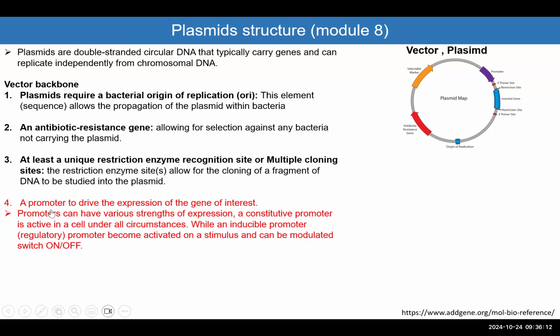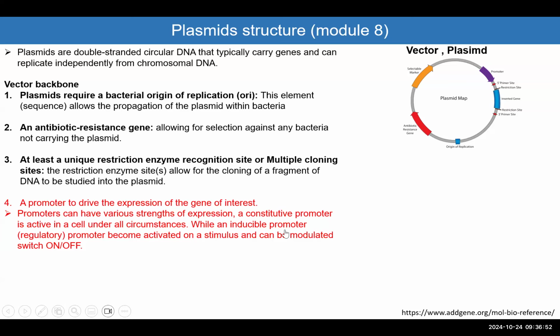Because the promoter, based on this old slide, is there to drive the expression of the gene of interest. And promoters can have various strengths. So it could be a constitutive promoter, which means it's active under all circumstances, while inducible promoters, and that's what we will get to in the future, in the inducible transgenics, become active only when a stimulus is present, or can be modulated to switch on and off.